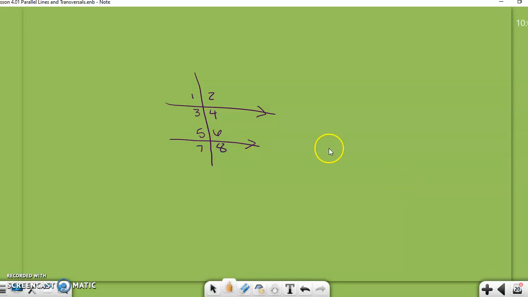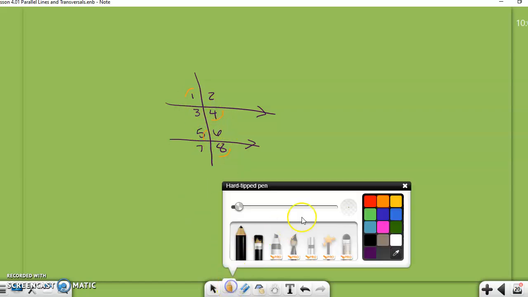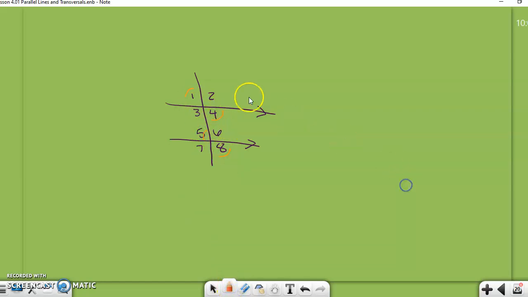And we know that our alternate exterior are congruent. We know that our alternate interior are congruent. We know that our vertical angles are congruent. So our alternate exterior, our alternate interior, and our verticals are all congruent.